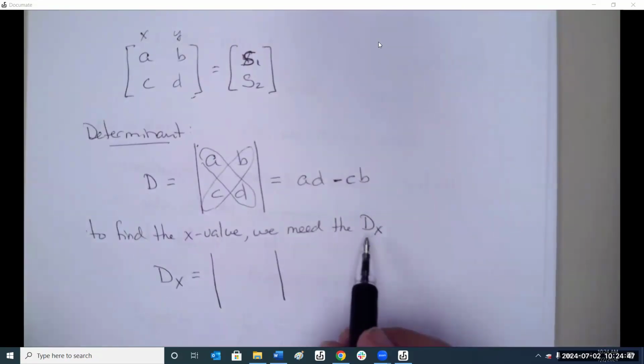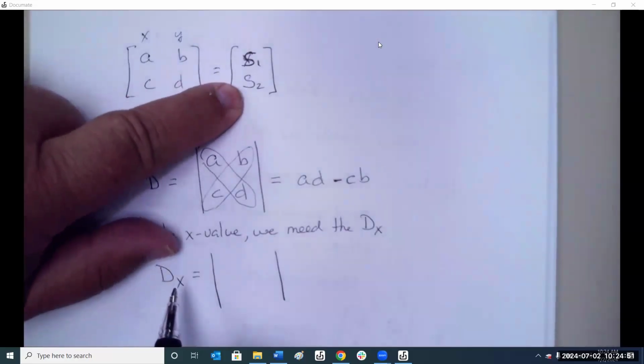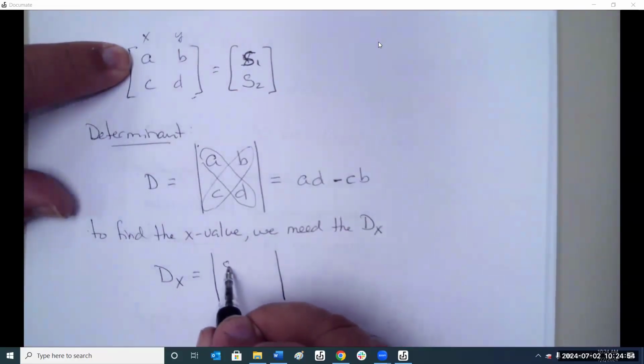The way we find that, since this is the x column, we take the answers and put them in the x column.